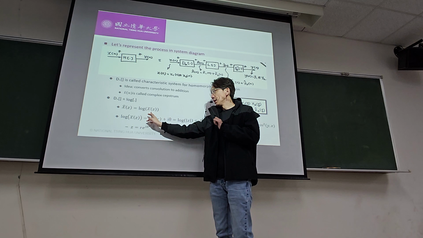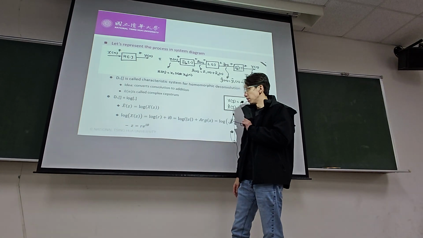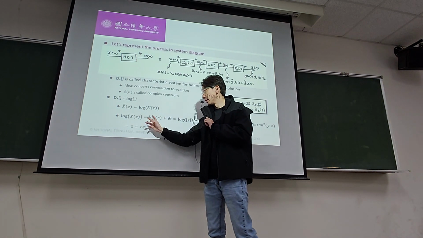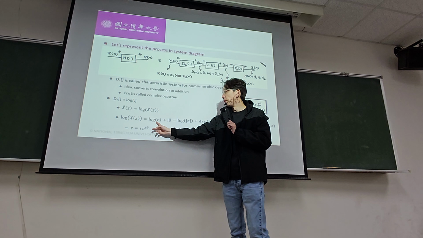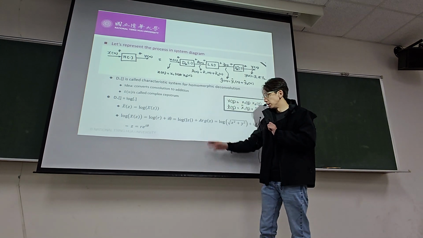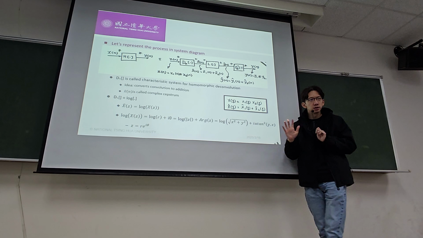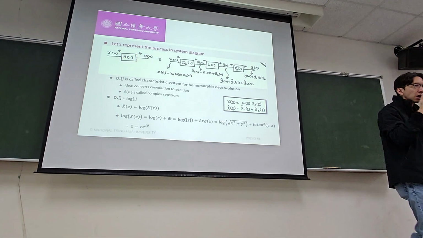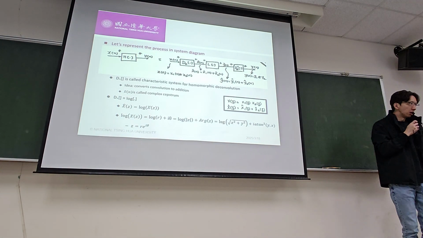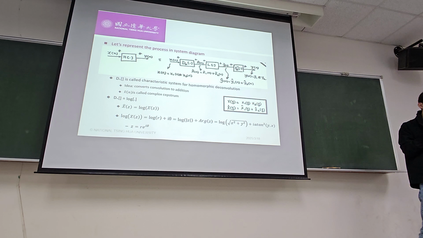Because z is a complex number, log of X(z) is the log of the magnitude plus the phase. Because the Z transform variable itself is a complex number, the log operates individually on the real part and the imaginary part.